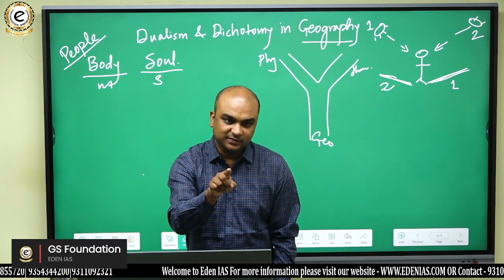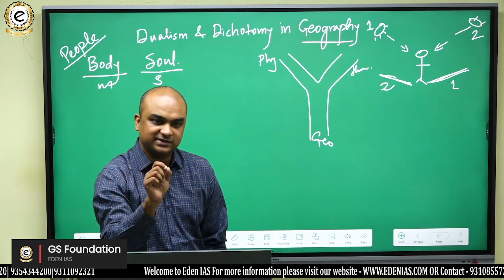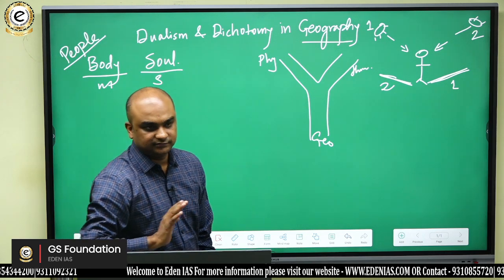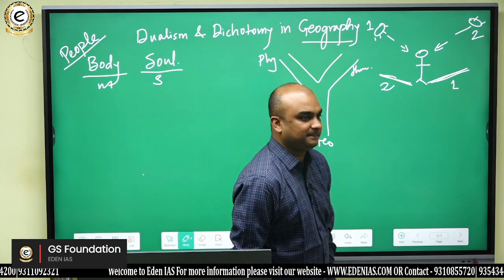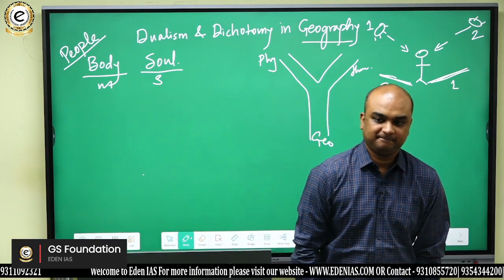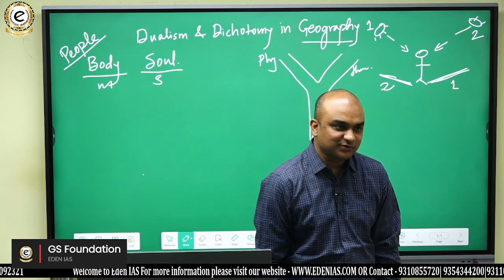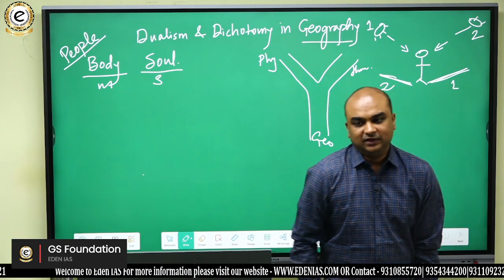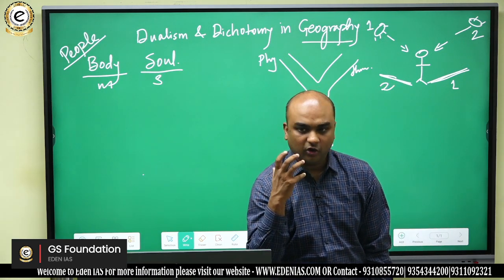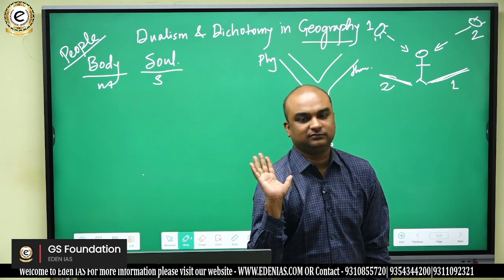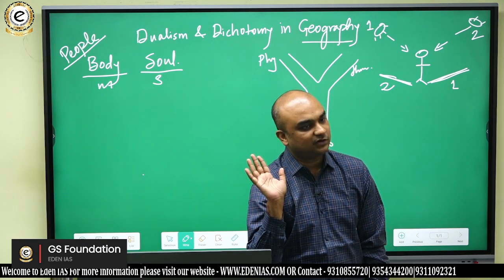Now read that statement that you have written and tell me, do you understand it inside out? Is the statement clear to each and everyone? Very good. Now look, this dualistic thought is in every subject. In any subject you go to, there are dualistic thoughts.